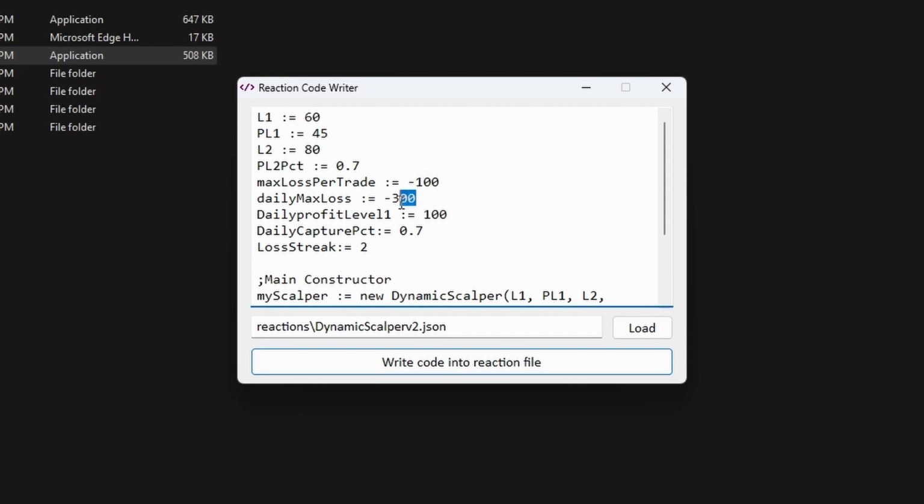Our daily max loss would be, let's say, 400. Our profit level, the point where we don't want to miss out moving forward, would be, let's say, $200. And after that, let's say we want to change this to 50.